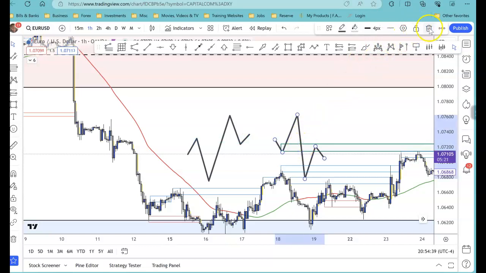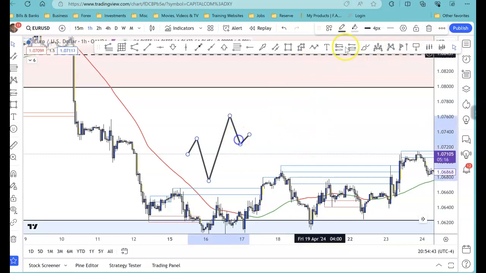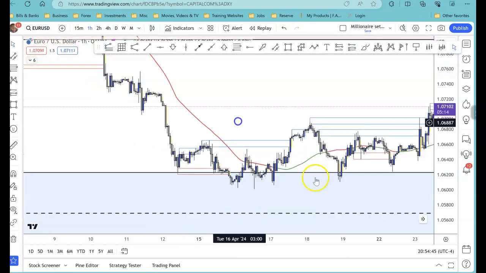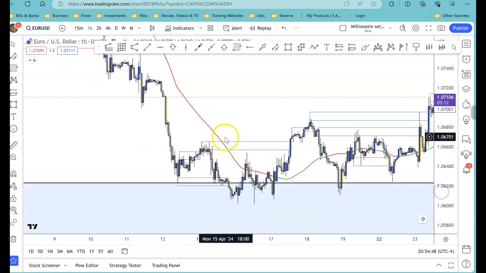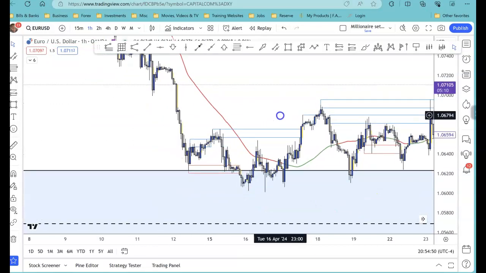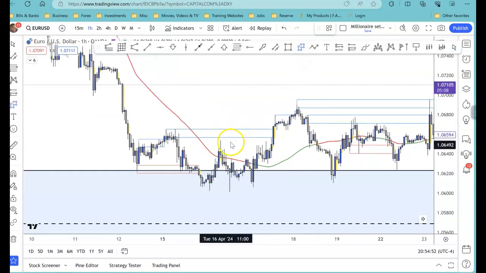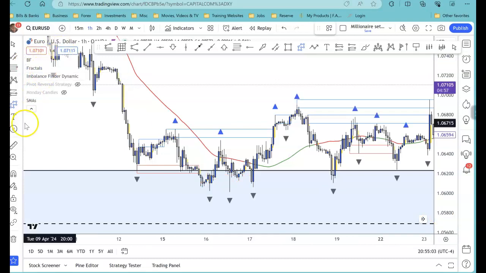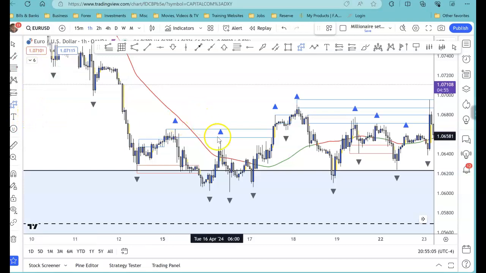Or you can simply, and I want to show you what that looked like on this particular chart real quick. So here you see the market is getting to your demand zone. The first question you're going to ask is where is the lowest point right here. Now you can use your fractals, which I highly recommend if you're still brand new and trying to figure out where your swing points are.